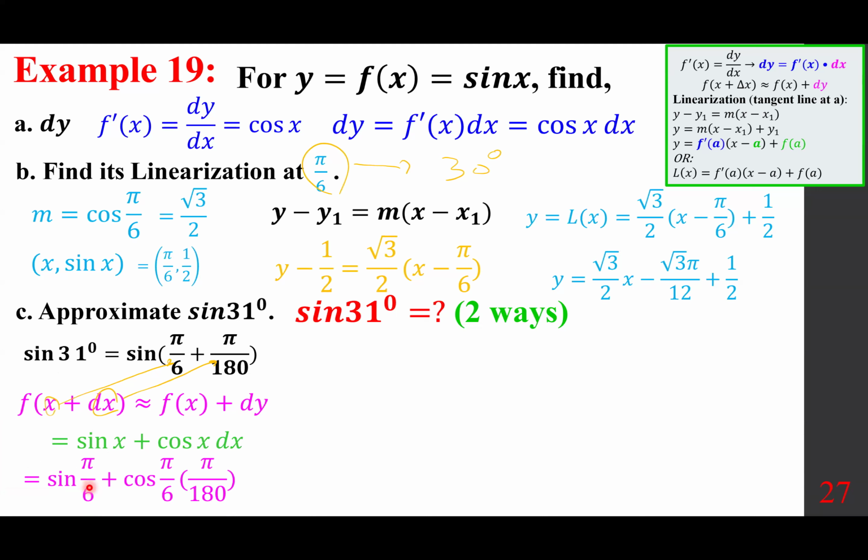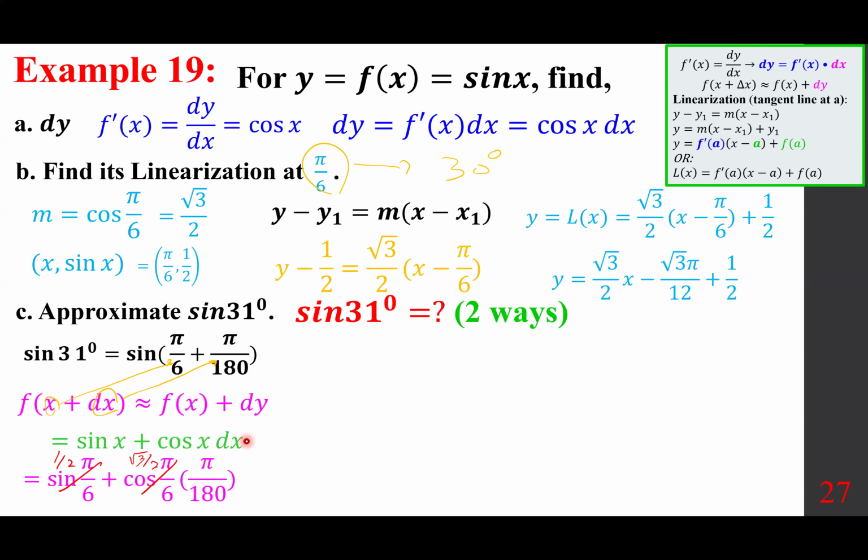Now sine of pi over 6, we should know it's 1/2. Cosine is square root of 3 over 2, but nevertheless, we have to use a calculator.